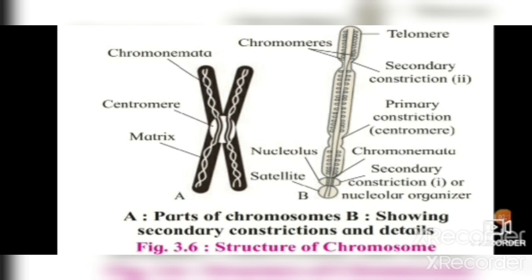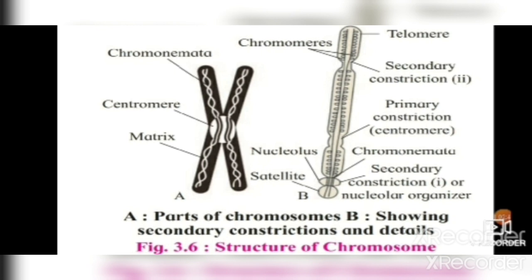Then chromomeres inside, then secondary constriction, primary constriction, then chromonemata, then nucleolar organizer, then nucleolus and satellite.